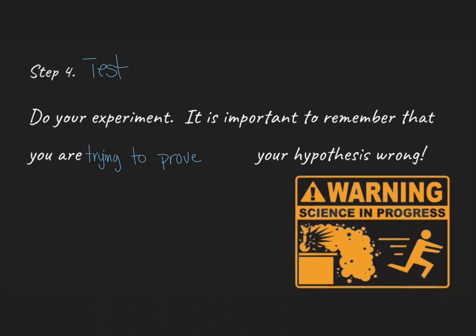This may sound backwards from what you might think, but you are trying to show that your hypothesis is incorrect, because if you can't show that it's incorrect, that's much more powerful than manipulating or trying to show your hypothesis is correct. So in science, you are trying to prove your hypothesis wrong.